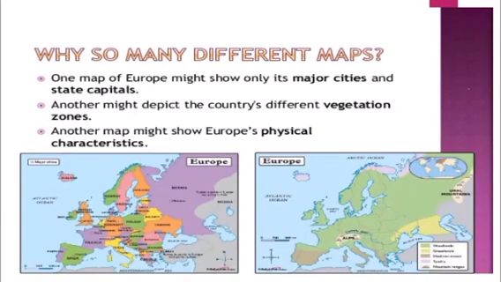One map of Europe might show only its major cities and state capitals. Another might depict, here, depict means represent or illustrate, the country's different vegetation zones. Another map might show Europe's physical characteristics.